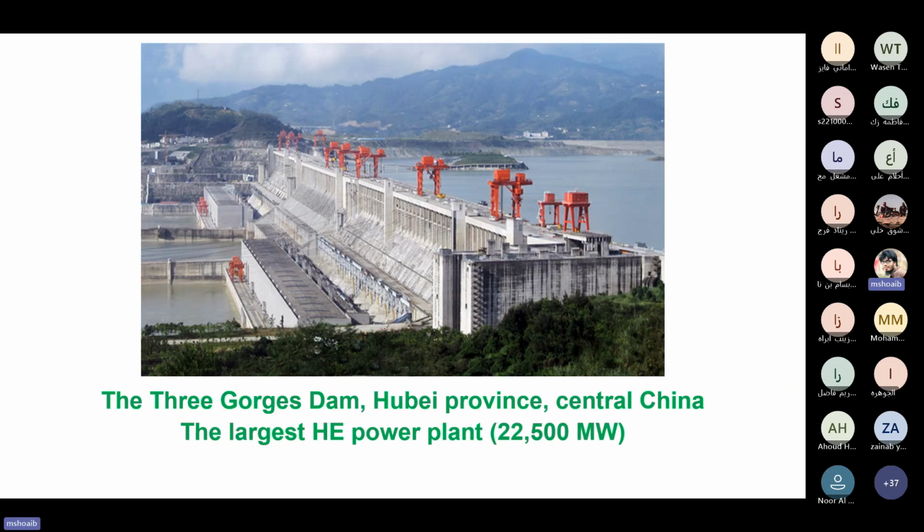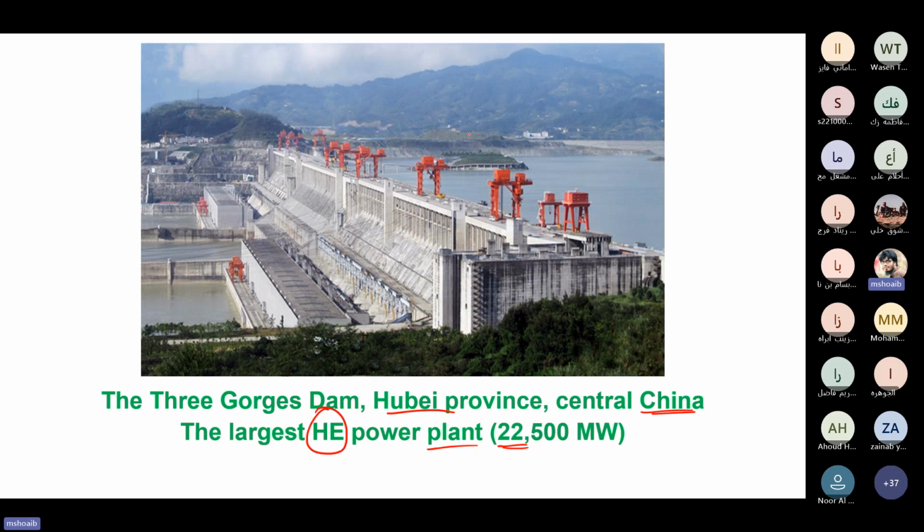The biggest hydroelectric power plant is in Hubei province, central China. This is the largest hydroelectric power plant, with more than 22,000 megawatt capacity. It is known as Three Gorges Dam in central China.